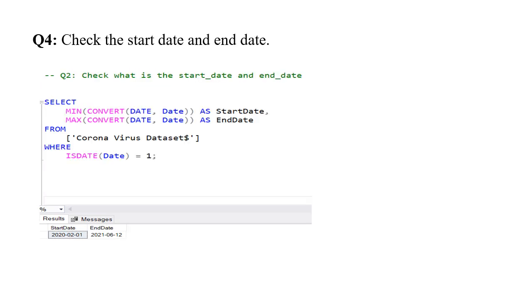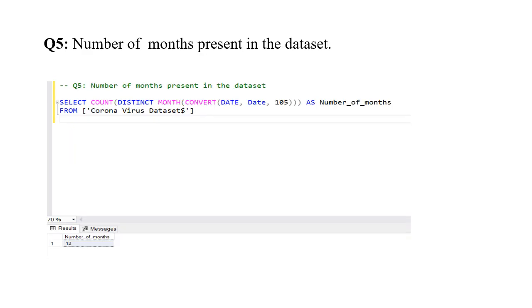Checking the start and end date, minus the null values, the starting date is 1st February 2020 and the end date is 12 June 2021. And the number of months present in this data set is 12 months from the query I ran.